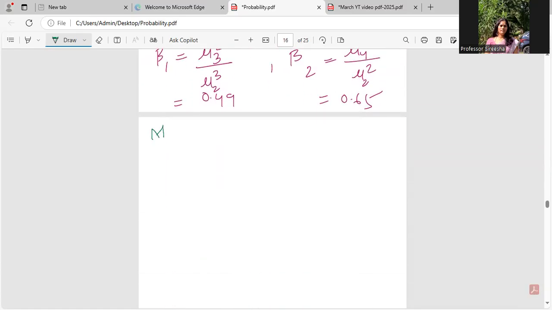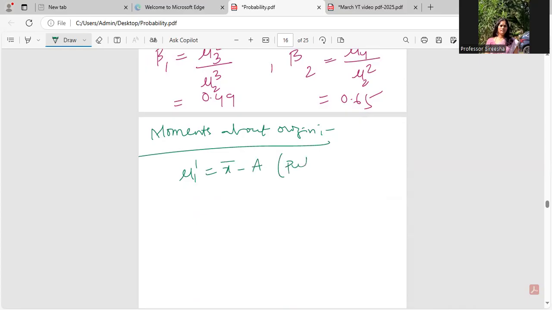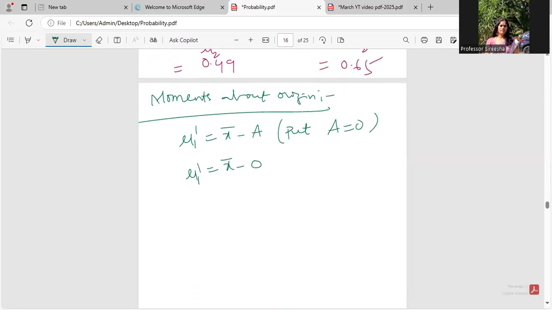Moments about origin: in the formula mu1 prime is equal to x bar minus A, put A equal to 0. If it is about some point, I'll put that A value. So x bar would be mu1 prime only. Already I had calculated x bar, which turned out to be 2.5. Here I'll be using it.